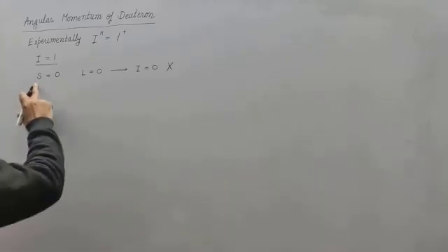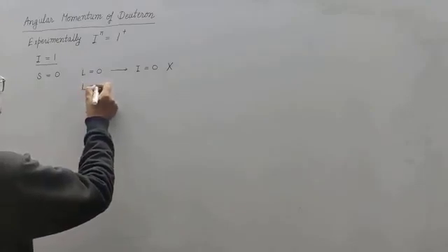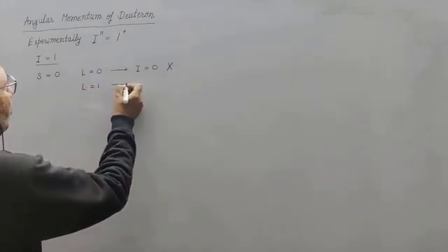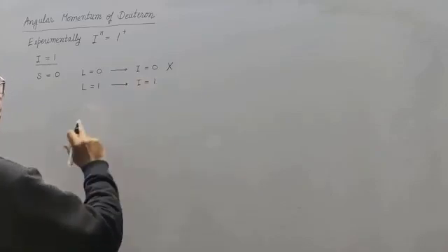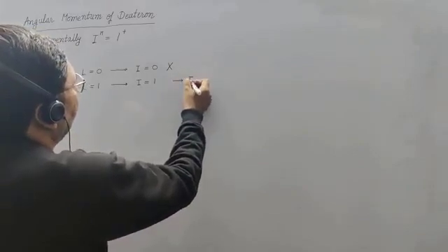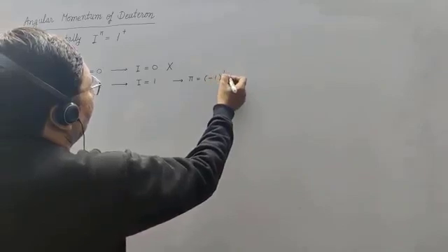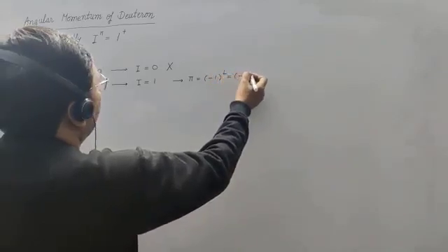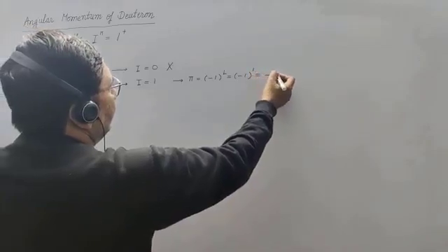Another is s equal to 0 and you are choosing L equal to 1. So in this case I can be 1. But what will be the parity? In this case, parity pi will be equal to minus 1 to the power L, and this will be minus 1 to the power 1, and it will be negative parity.